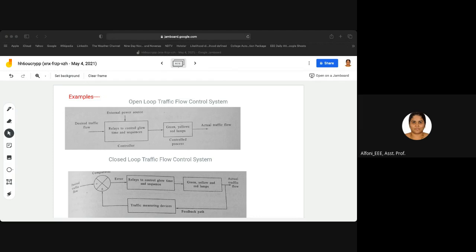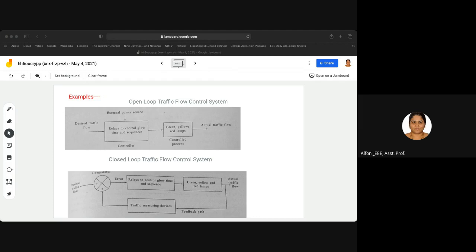In this, you can observe the flow of the traffic is measured by a traffic measuring device, for example, an electronic photo tube, which generates a signal proportional to the traffic moving on the road. This signal is compared with the desired traffic flow in the comparator and the error is produced.